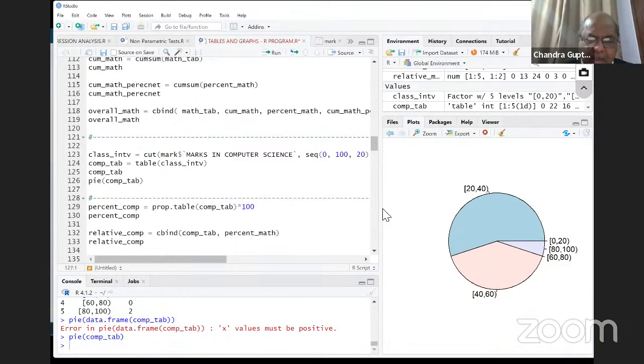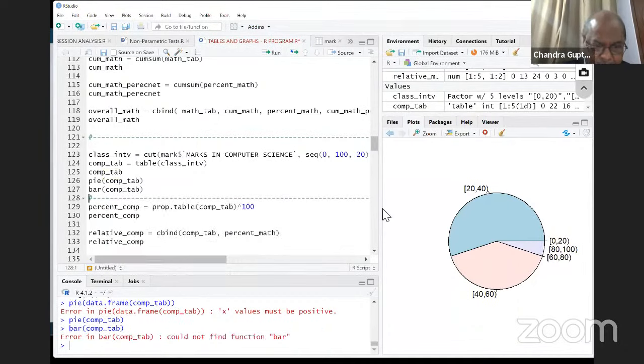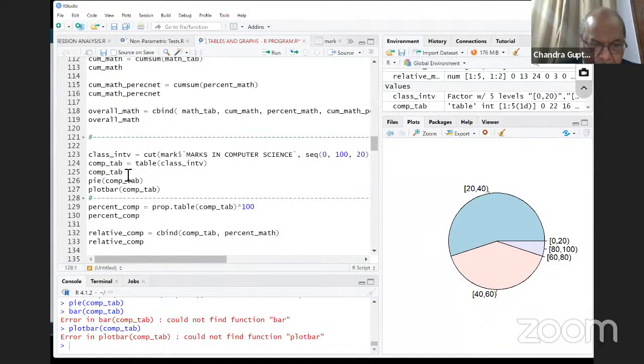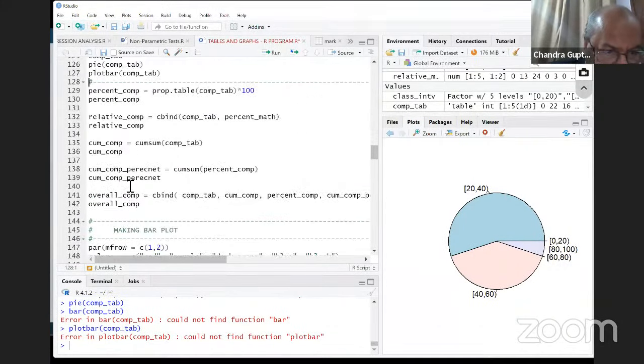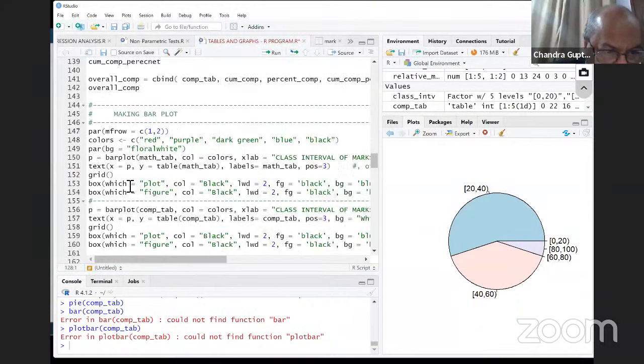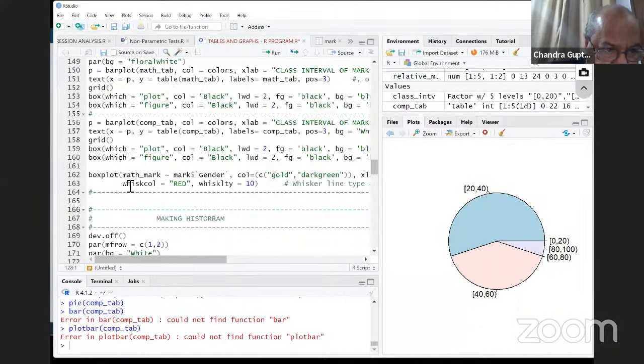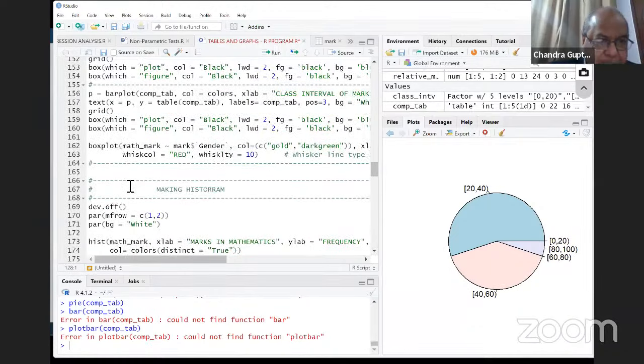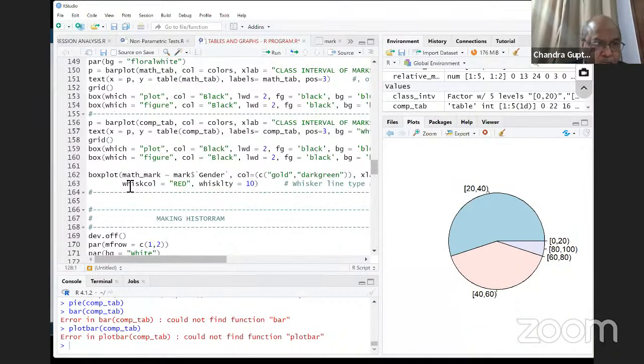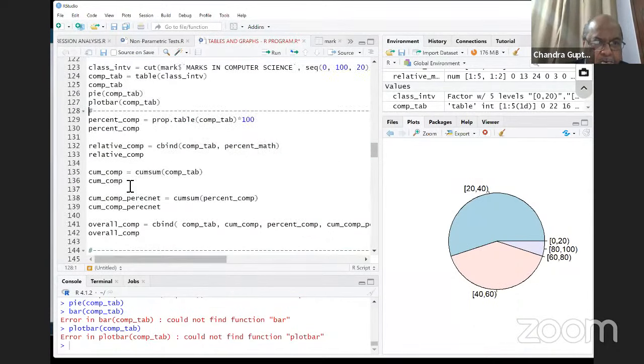If you want to make a bar chart, the command is barplot.